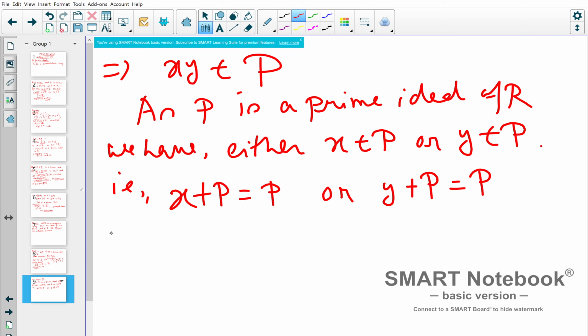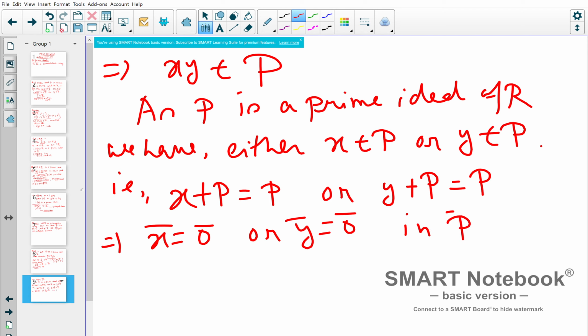So this implies either x bar equal to 0 bar or y bar equal to 0 bar in R mod p, and that is the thing we need to prove. Thus R mod p, which is nothing but p bar, is an integral domain, right?